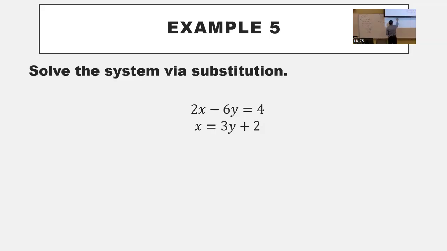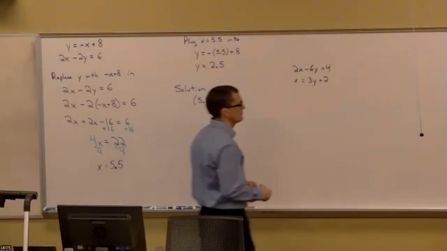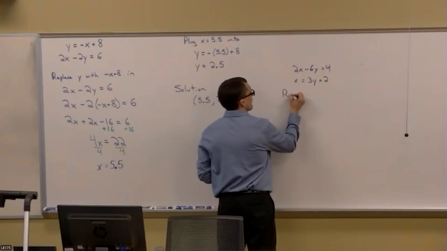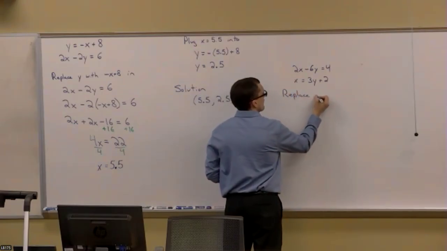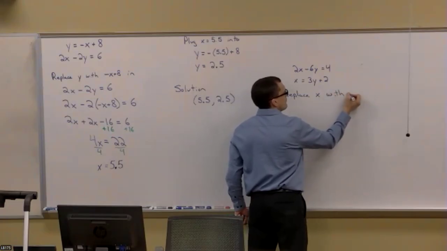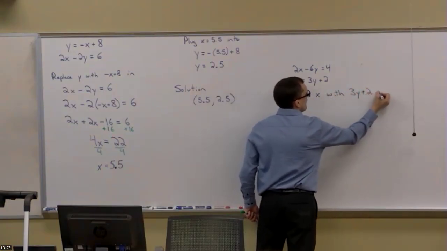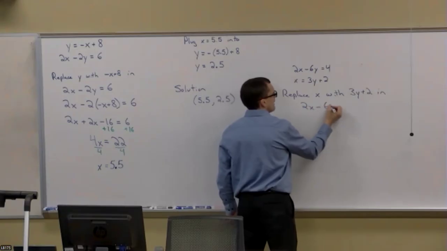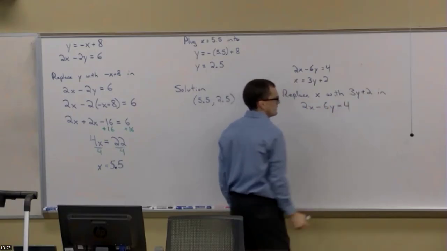Here we have 2x minus 6y equals 4, and x is equal to 3y plus 2. So it's set up for us to do substitution because the second equation has an x equals an expression. So what we're going to do is replace the x with 3y plus 2 in the 2x minus 6y equals 4 equation.